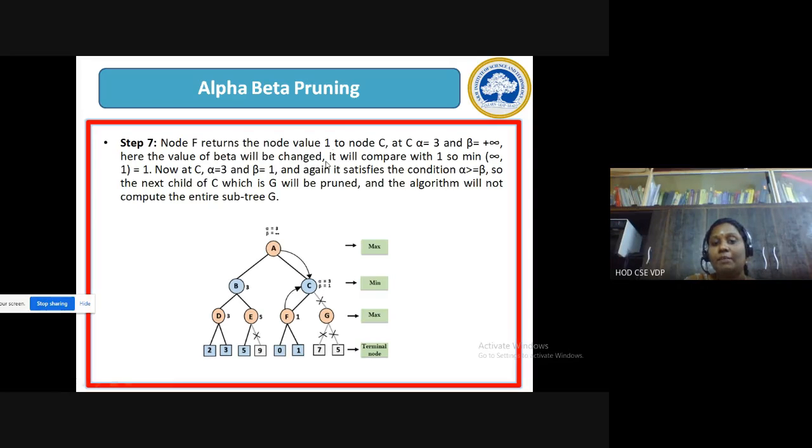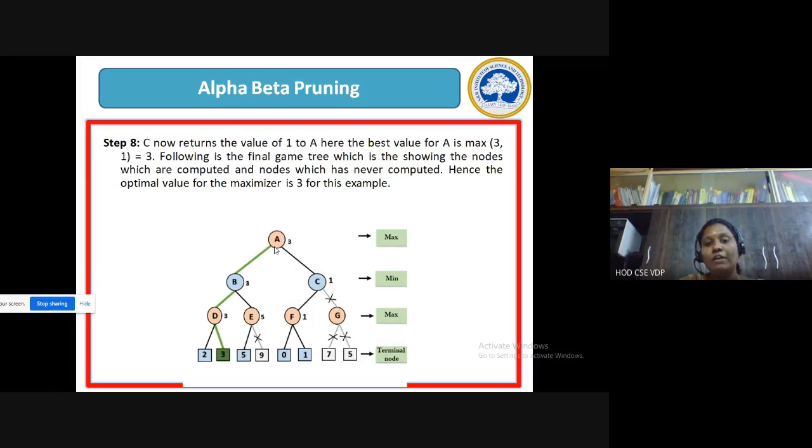And in alpha beta pruning, one more advantage is that you don't have to go through all the nodes. You can prune some parts of the tree so that you achieve the value of the root node in an optimal number of steps. Complexity we have already seen.